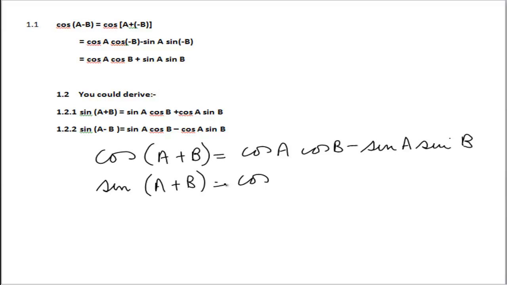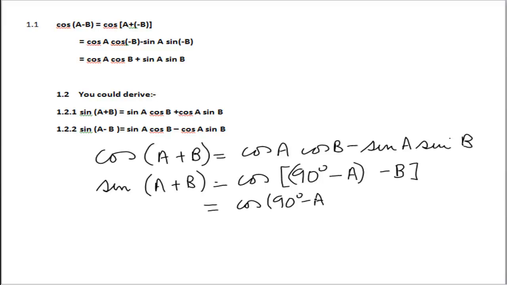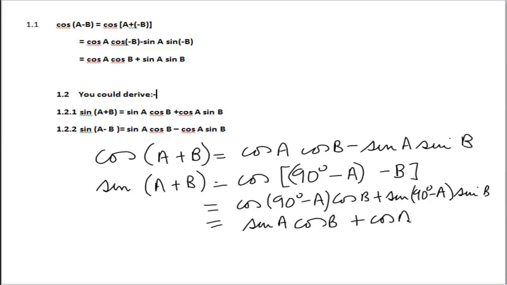Sine and cos are complementary, so sine of A plus B is cos of 90 minus A minus B. We make that the first angle and B the second angle, and use the cos of A minus B formula: cos of 90 minus A, cos B, plus sine of 90 minus A, sine B. Now cos of 90 minus A is sine A, so we get sine A cos B plus cos A sine B.